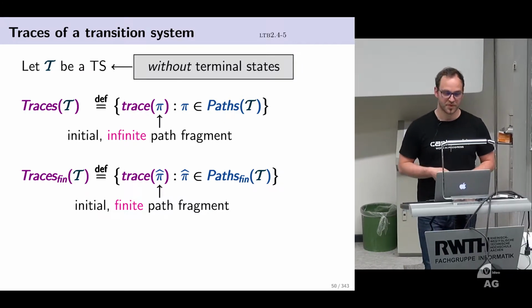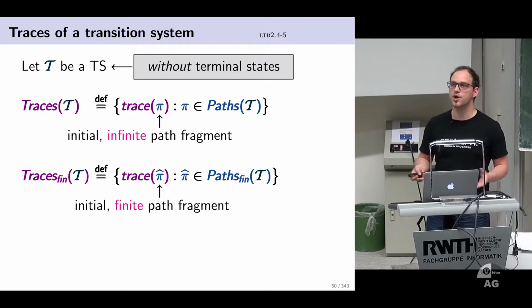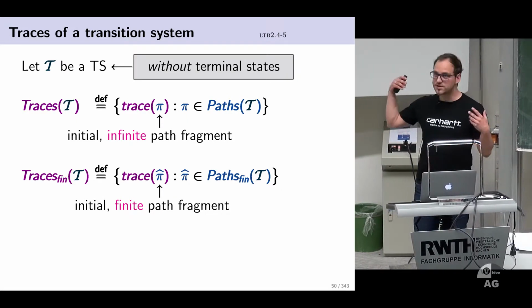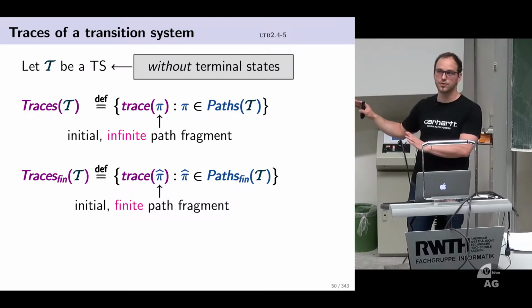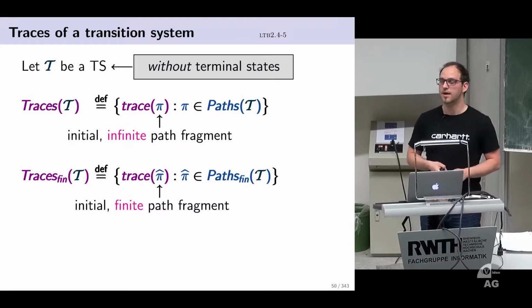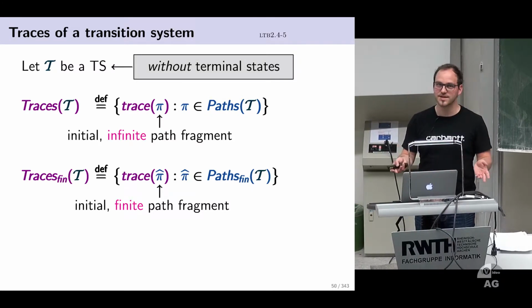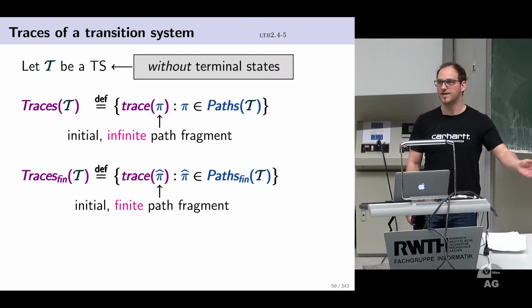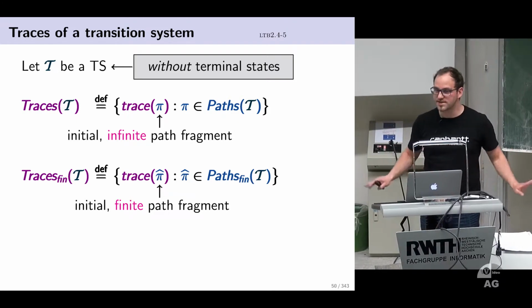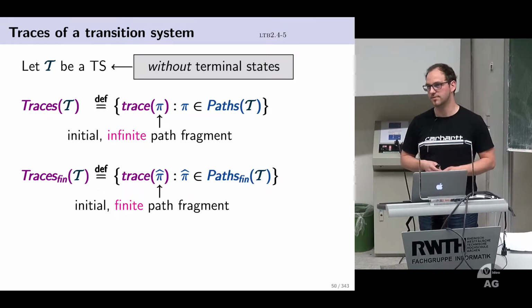Okay? But the point I wanted to make is that it's not a real restriction to say we don't have terminal states. You could also lift all that I'm going to show you to transition systems with terminal states, but it's just a mess because you always need to account for finite words along the way. Which is why we say we don't want that, we want it easy, so just use infinite paths.